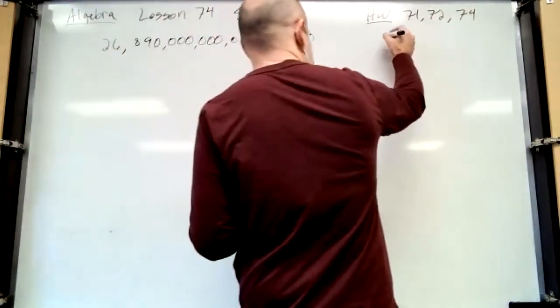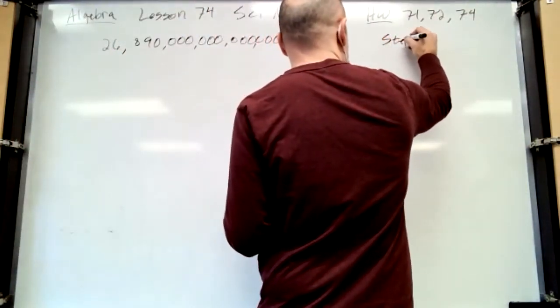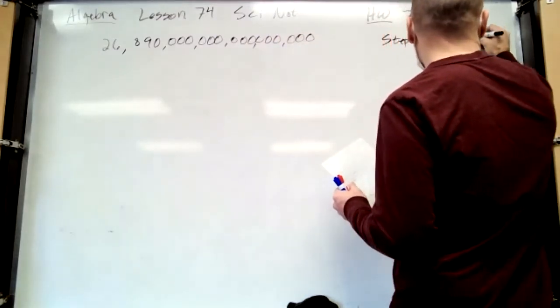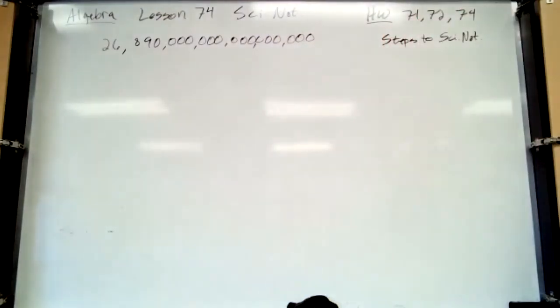Remember the steps to scientific notation. I should write them up here. This is what I have to tell most students because it's hard to get their heads around this. So here are the steps to scientific notation.